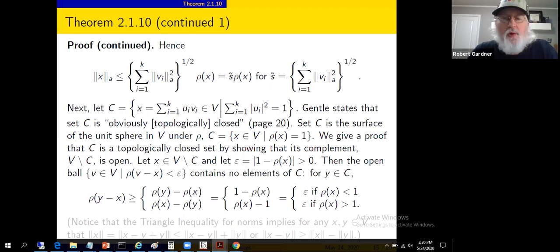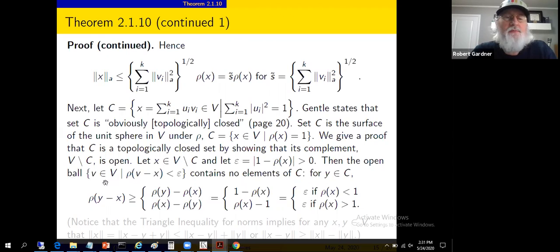What we're doing is trying to show that V minus C, the complement of C, is an open set. We're taking a point in that allegedly open set, and drawing an epsilon ball around it. We're looking at all vectors V that are within epsilon of X, measuring the distance using this basis norm rho.